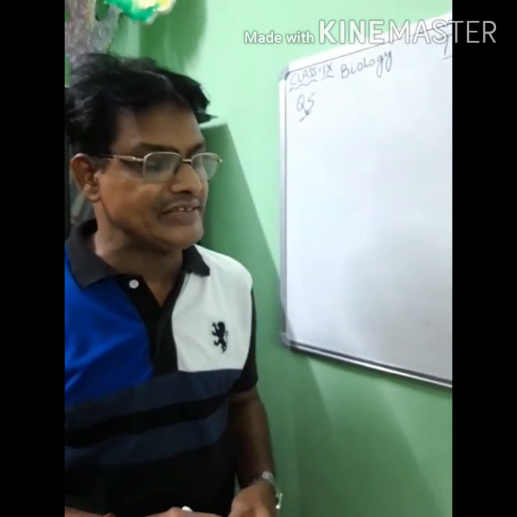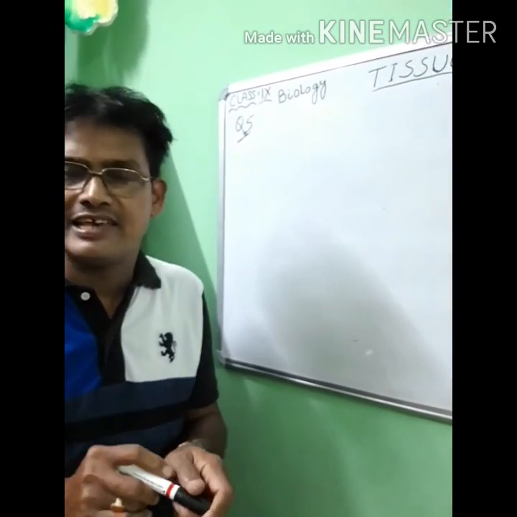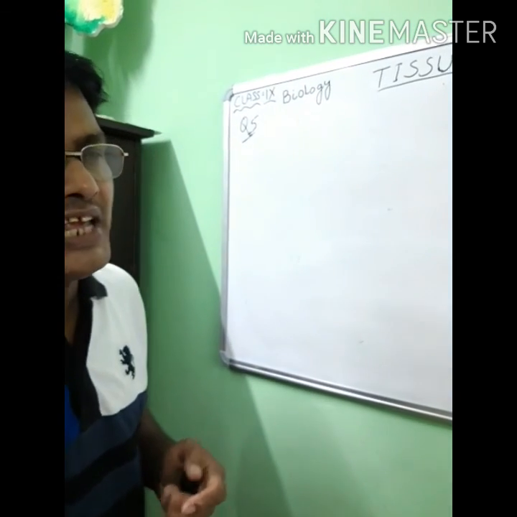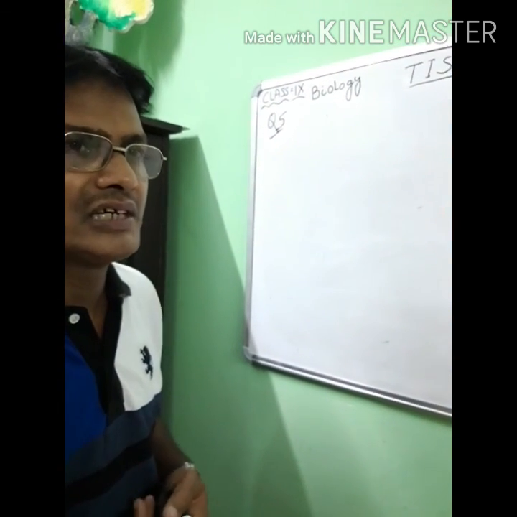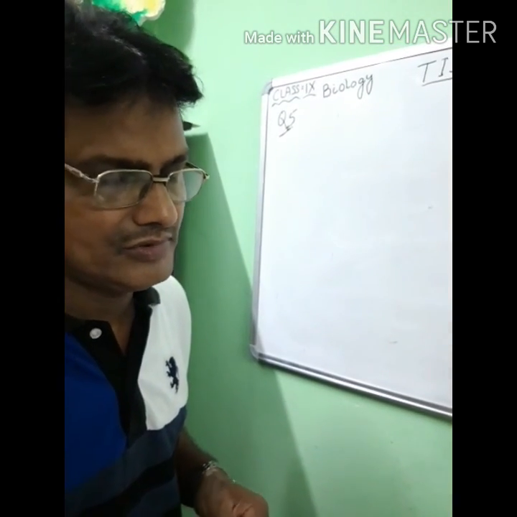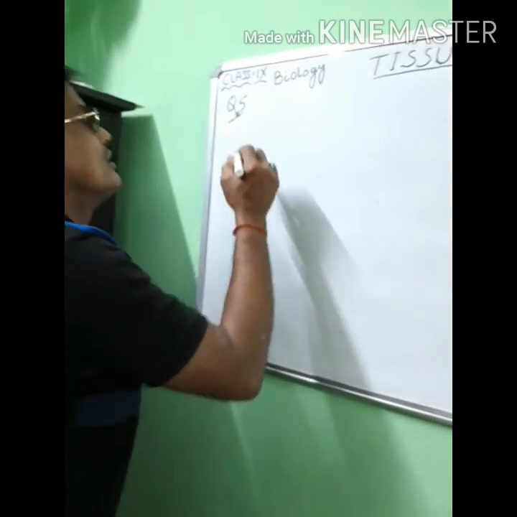Question number 5 is: why is epidermis present as a thick waxy coating of cutin in desert plants? Let us write the question.